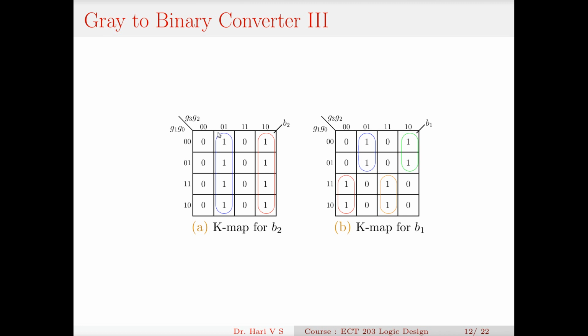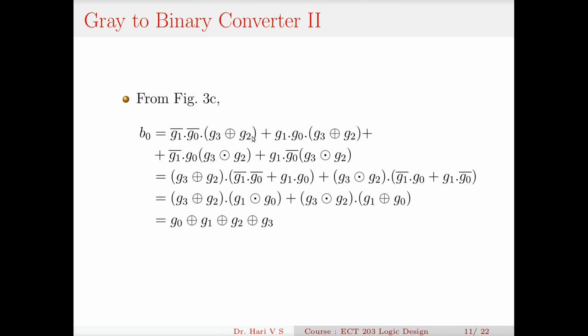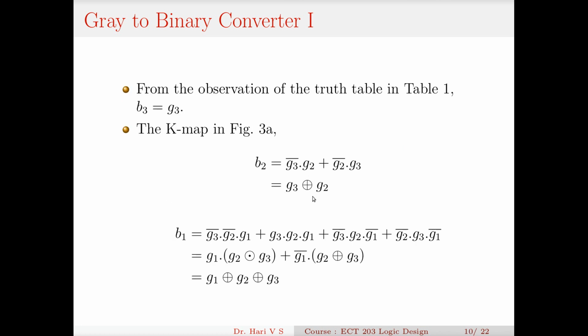So this is nothing but G3 G2 complement, G3 complement G2, which is G3 XOR G2. So B2 is G3 XOR G2. You can draw a separate truth table and you can try this out.